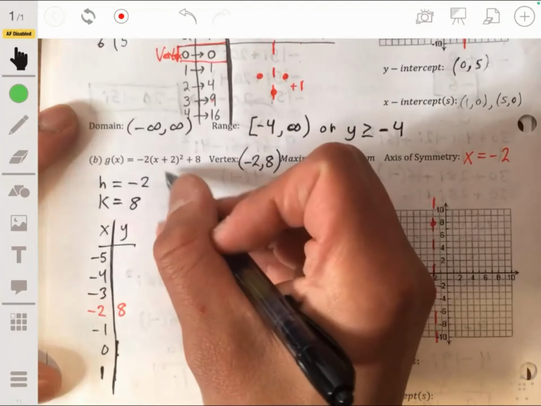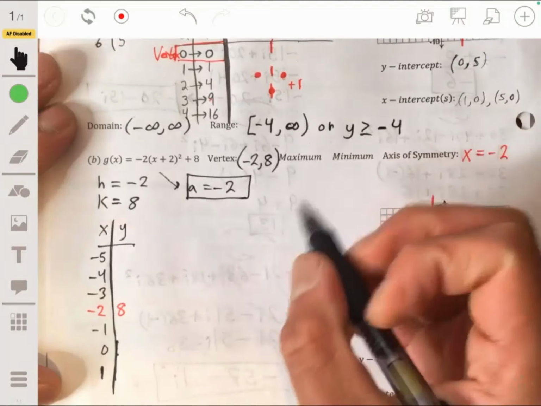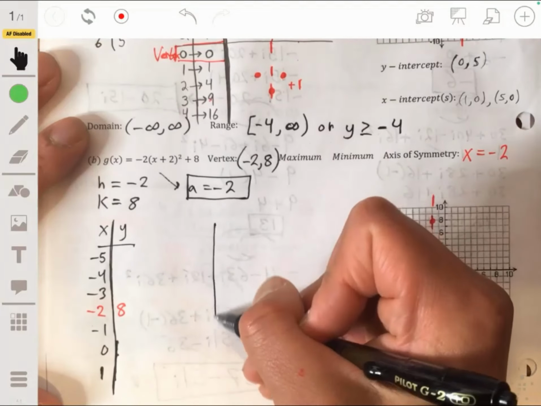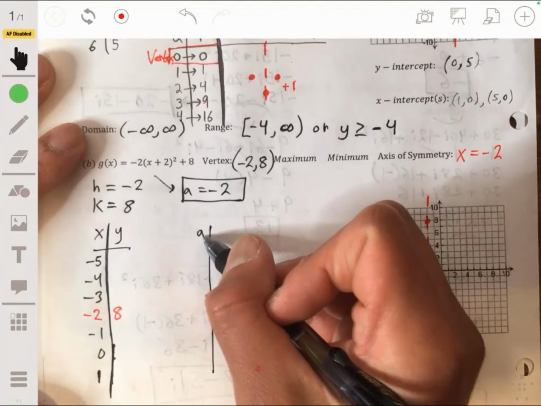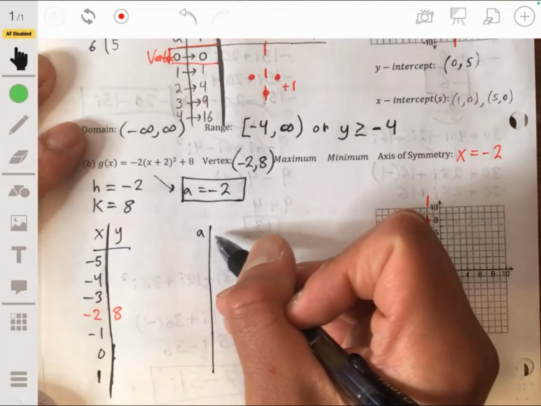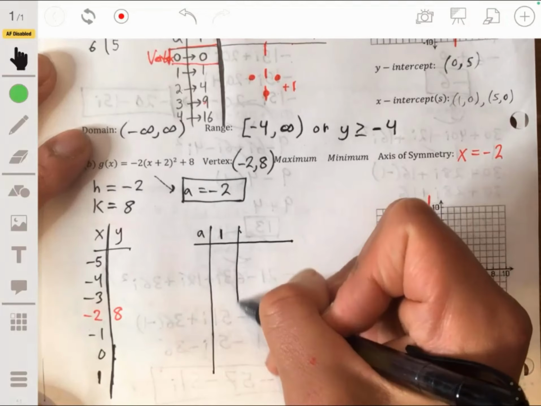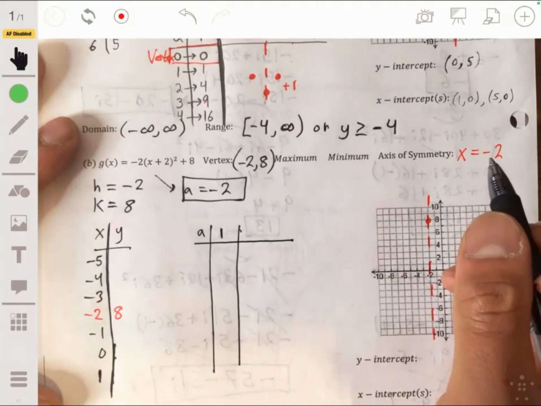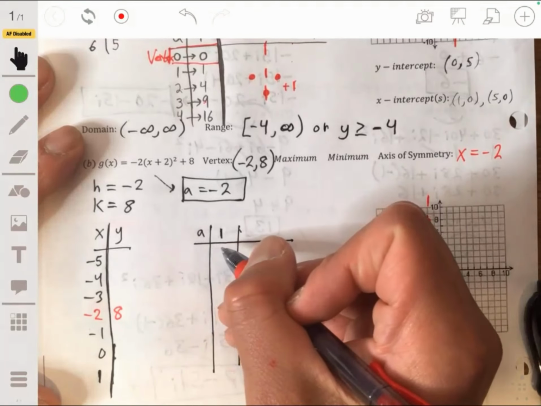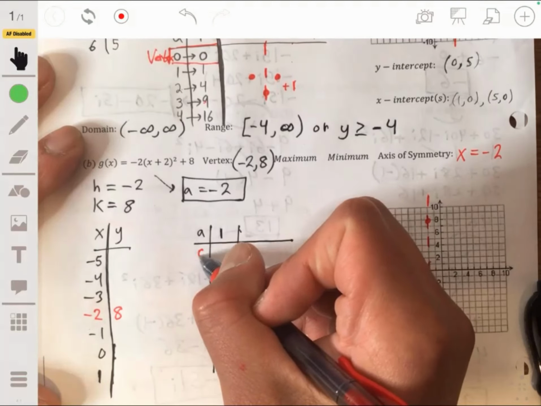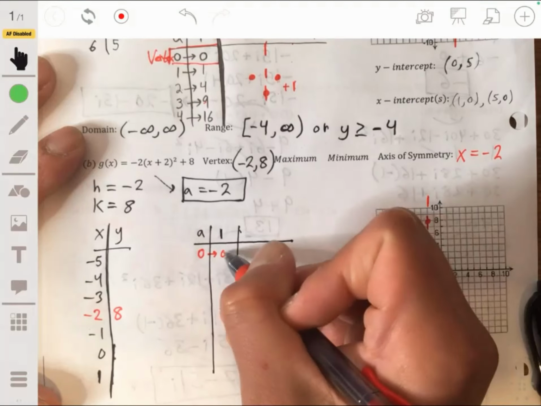So the a value here is -2. So going back with this table, when a value is 1, our x values grow by, when you're at the vertex, we're 0 units away from the vertex, we go up by 0.